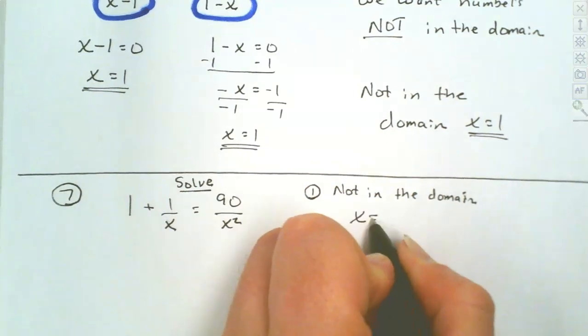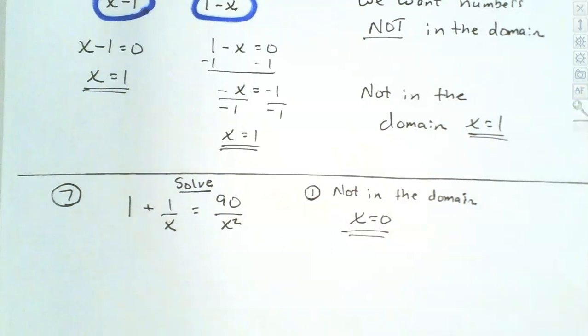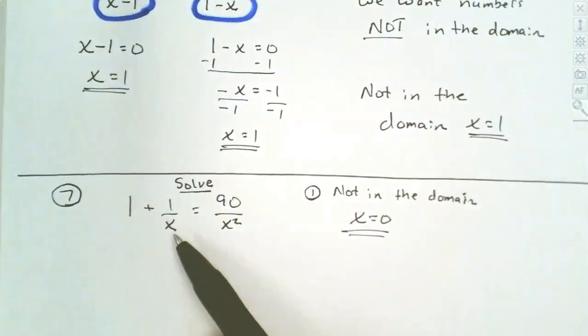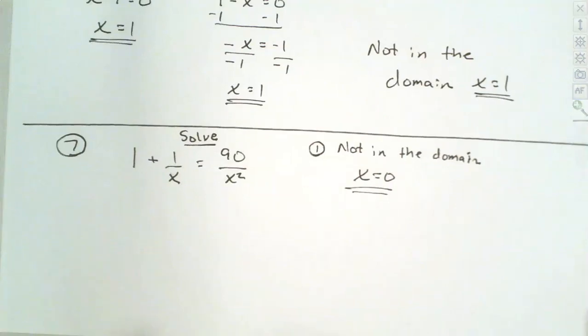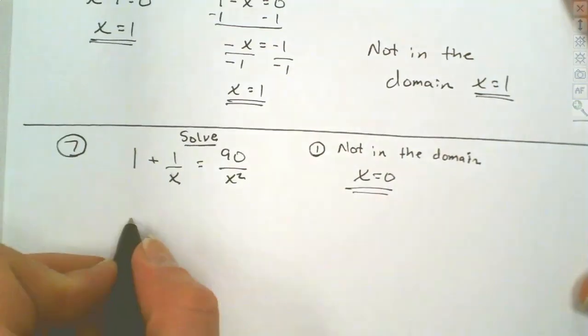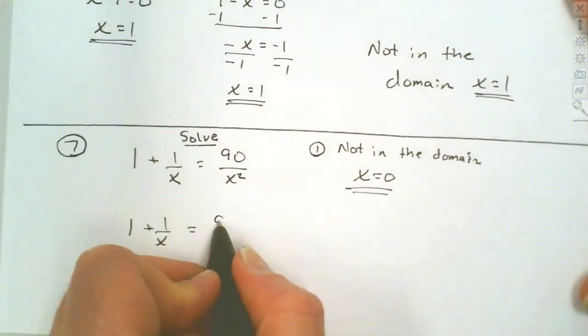The only number that's not in the domain is 0. Why is 0 not in the domain? Because if I plug in 0, what do I have? Division by 0, right? So we know automatically that the number that can't work is going to be 0. So we just have to keep that in mind. Now, when we're at this step, how do we now clear out our fractions?